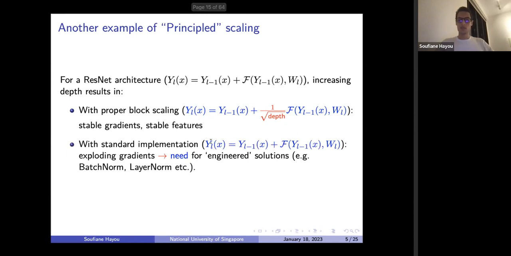If you do it with the traditional architecture without any scaling, without adding any scalar in front of the residual branch, what you get is exploding gradients, right? Because of this, you need some engineered layers to solve this problem, and this will typically be the normalization layers like batch norm, layer norm, etc. Okay, right?